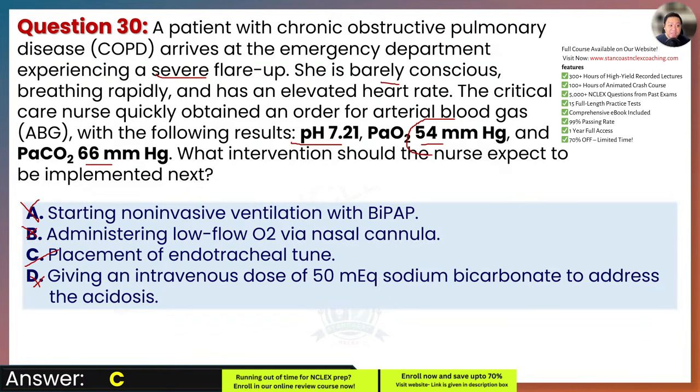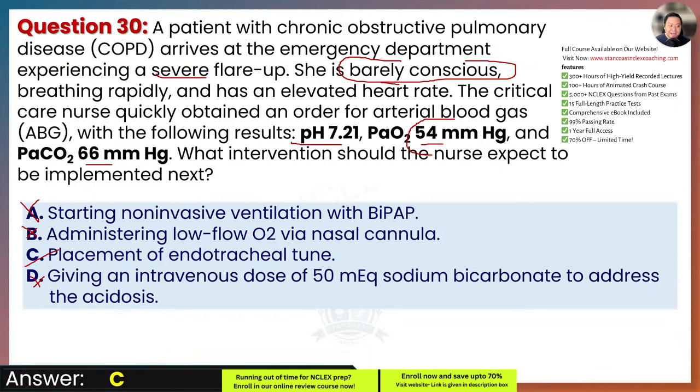However, in this case, we have a client that is barely conscious, which means she likely cannot protect her airway or clear secretions effectively. And BiPAP is contraindicated for patients who cannot cooperate or maintain their own airway. So this makes it an unsuitable option, right? And so we definitely need to look for the letter C here.